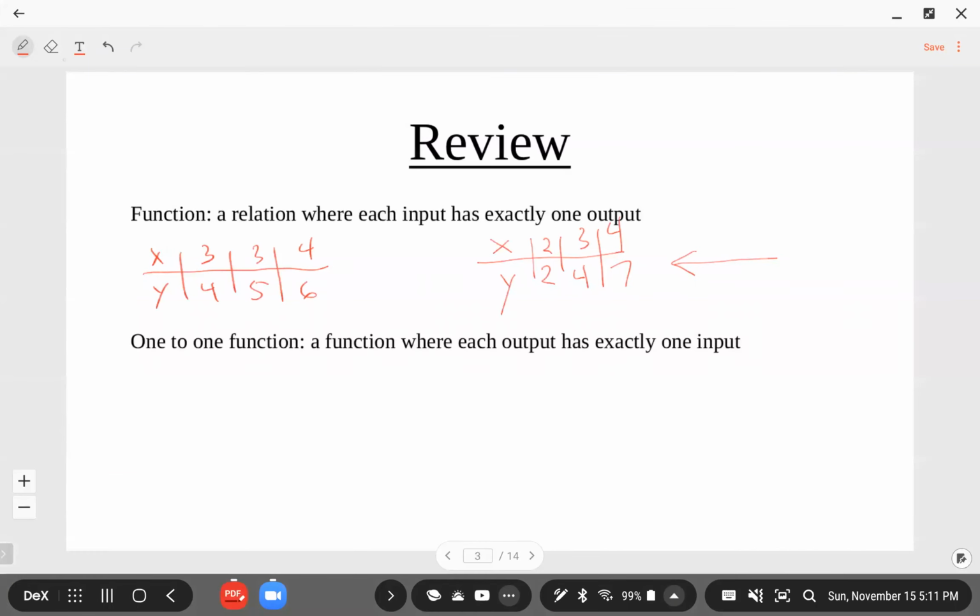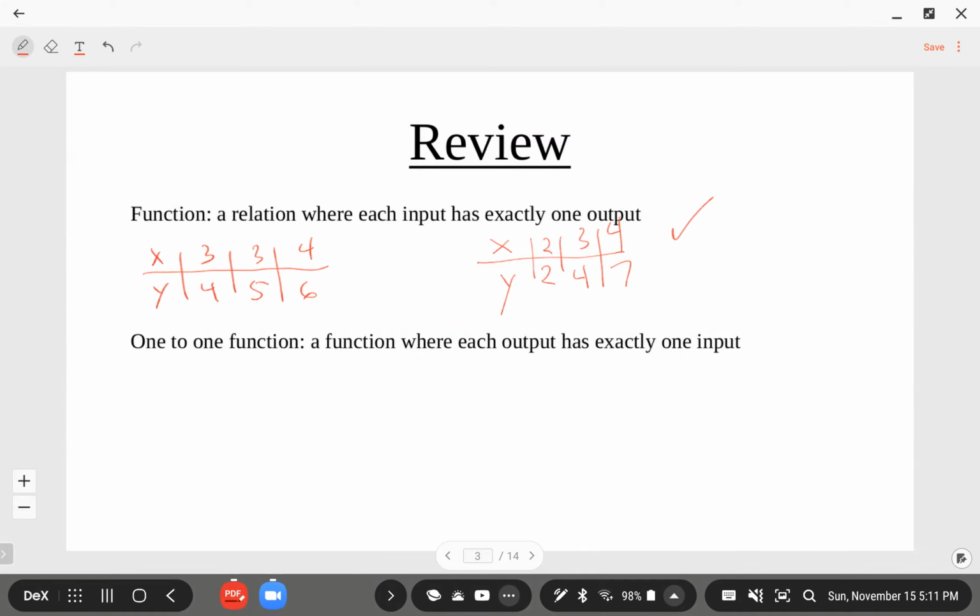This is, in fact, a function. Why? Because each input has exactly one output. 2 maps to 2, 3 maps to 4, and 4 maps to 7. That's totally fine.